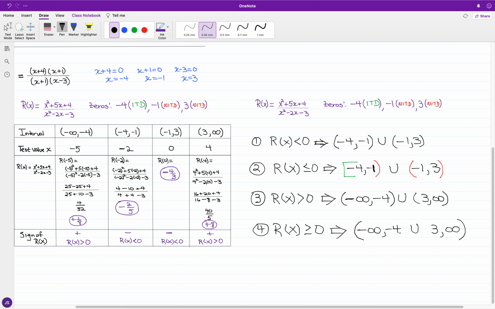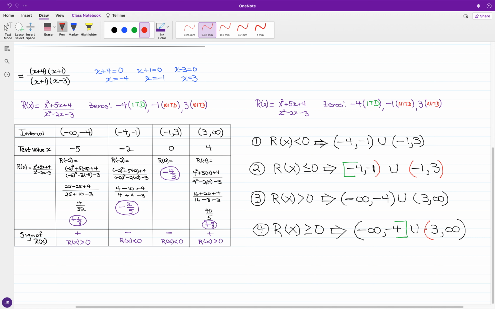As for -4 and 3, -4 is in the domain, and that creates the equal to 0 part. And again, 3 does not create the equal to 0 part, but instead renders the function undefined. And so around 3, again, we have a parenthesis.